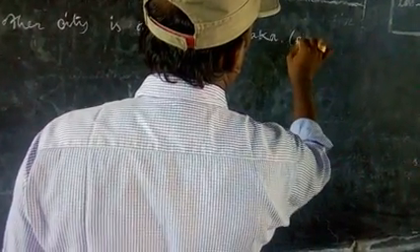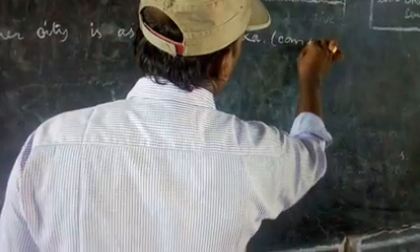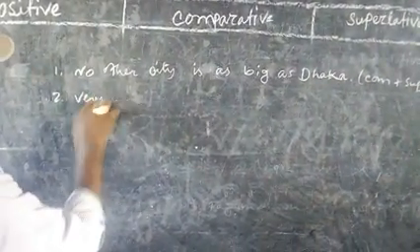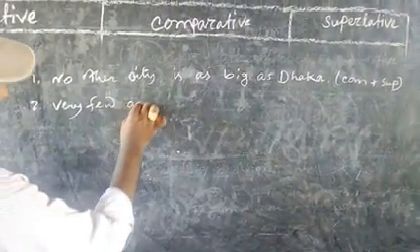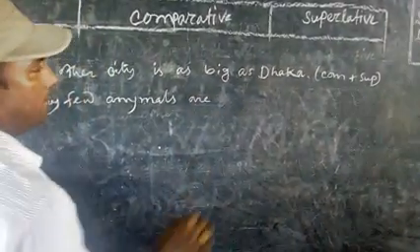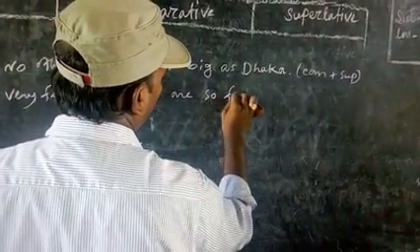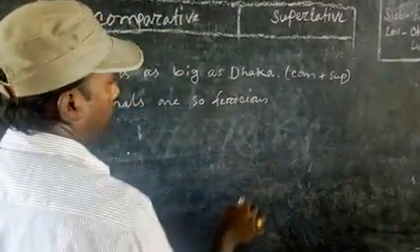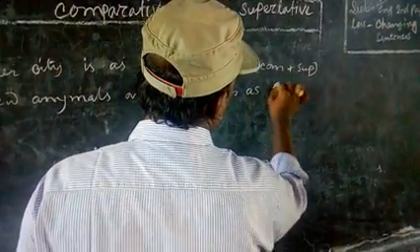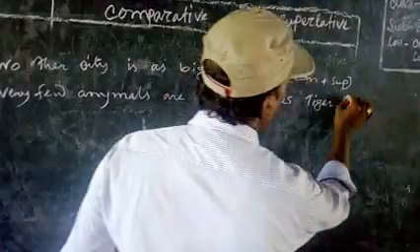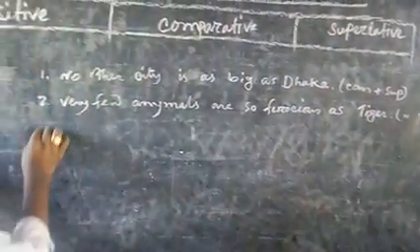Make it comparative and superlative. Okay, number 2: Very few animals are so ferocious as tiger. Make it also comparative and superlative.